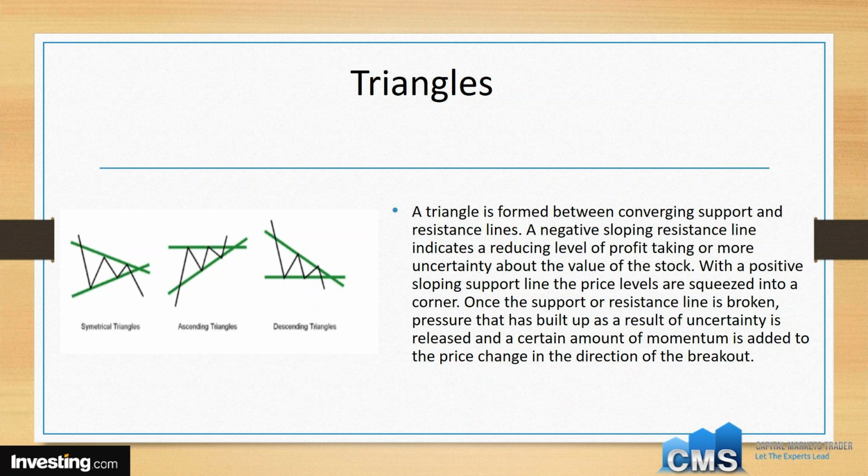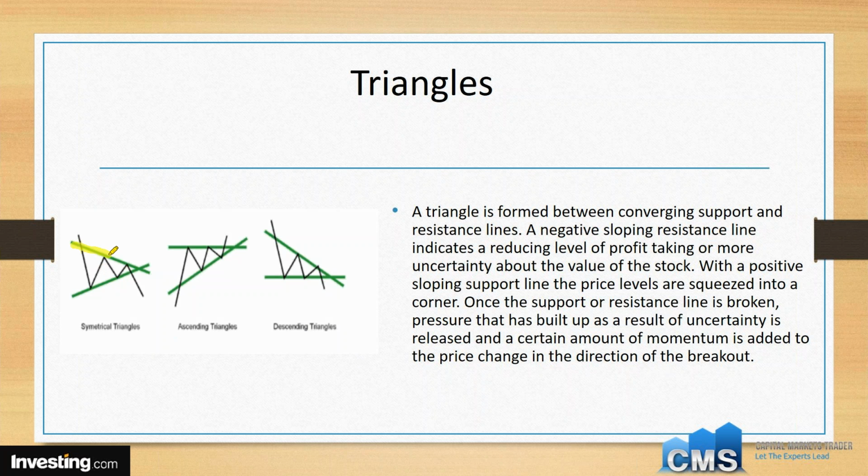Once the support or resistance level is broken, the pressure that is built up as a result of the uncertainty is released, and a certain amount of that momentum is added to the price change in the direction of the breakout. So in other words, it's almost common sense, it's not involved like lots of mathematical calculations.